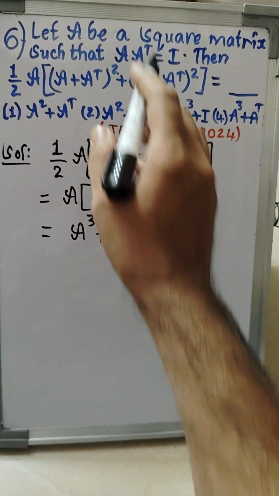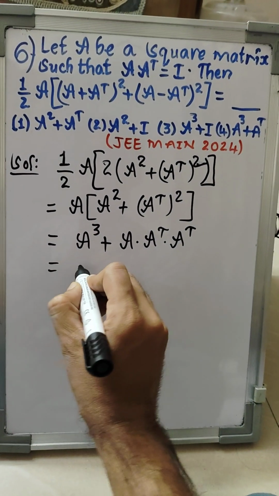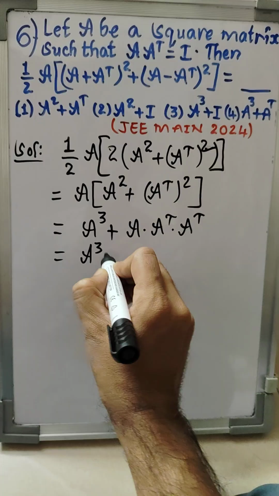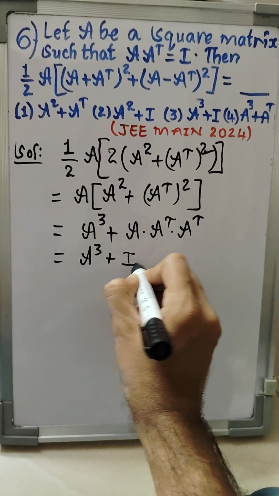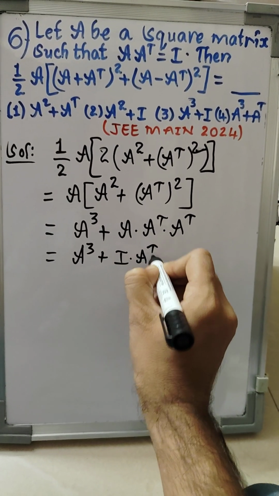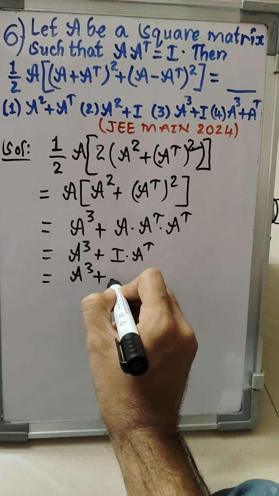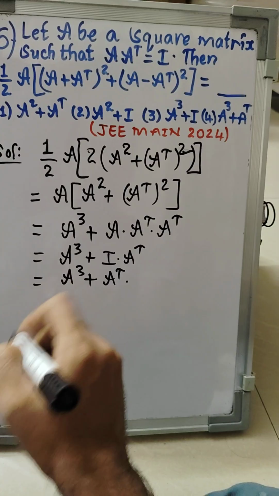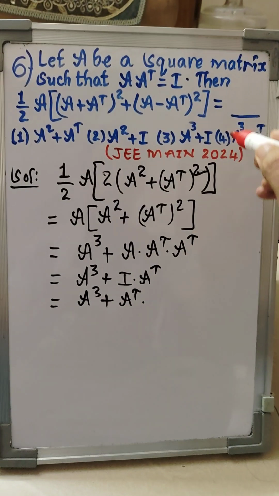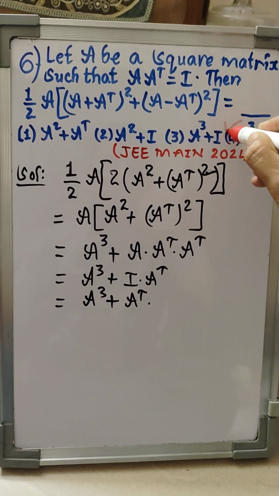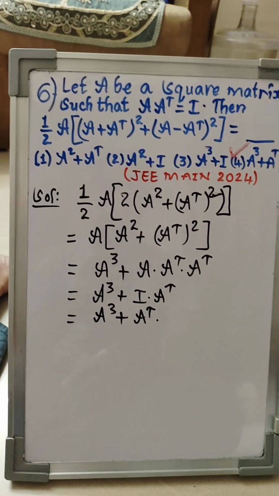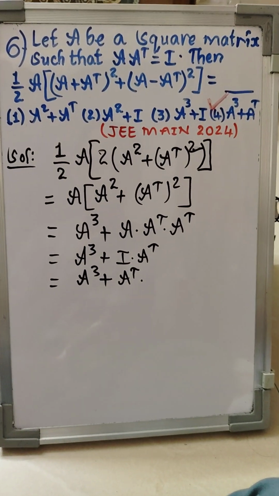A into A transpose is given as I here. So we can write this as A cube plus I into A transpose, which becomes A cube plus A transpose. So fourth option is the right option.